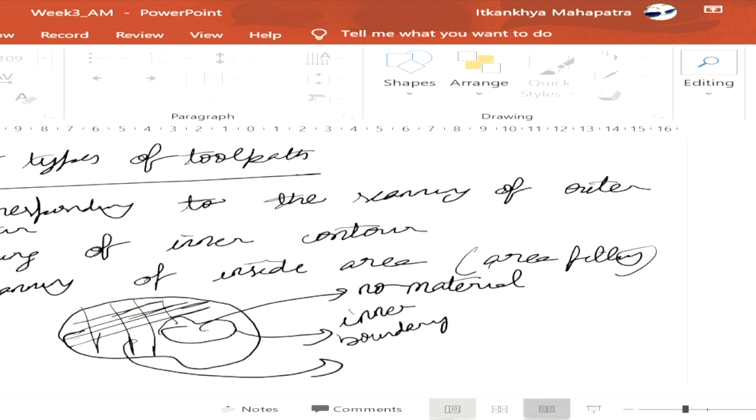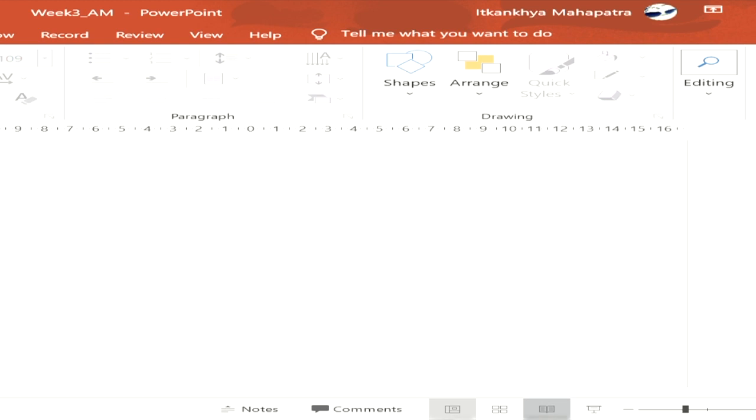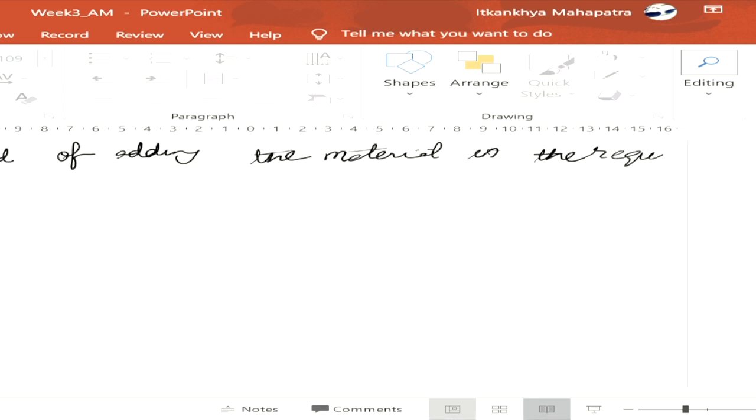How to add material to this part? Here we require the area filling method. This method of adding the material in the required zone is called the area filling method.